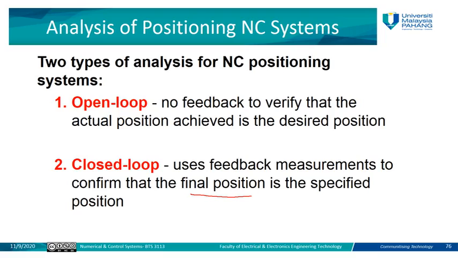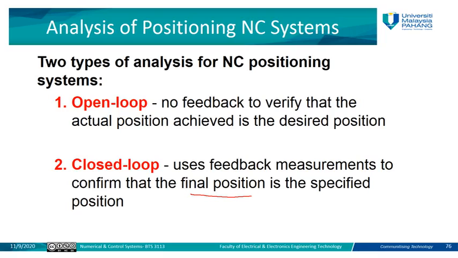Because when you drive your car, the car will move on the road, but there is no feedback taken by your eyes to know if the car is going on the correct path or the wrong path. For that you may have an accident, because there is no feedback taken from the current location of your car with respect to the route or the correct path that you want to follow.